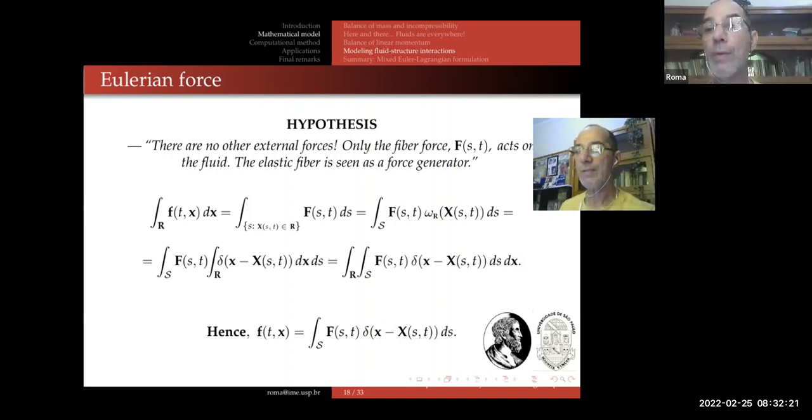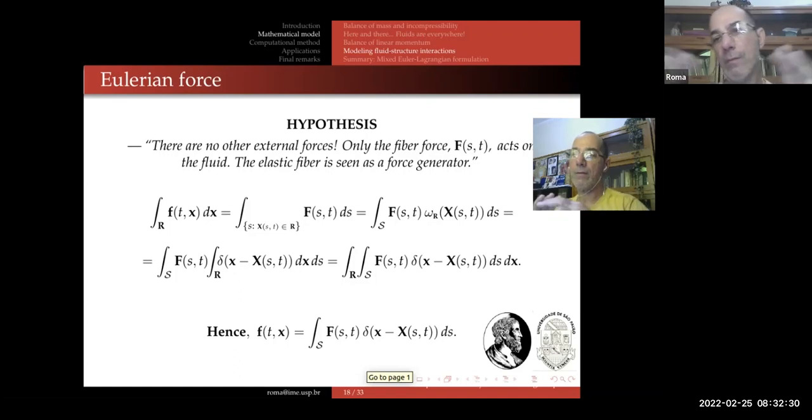So this is how we derive which forces coming from the elastic fiber points are acting on the fluid. So this is an Eulerian representation, and this is a Lagrangian representation.